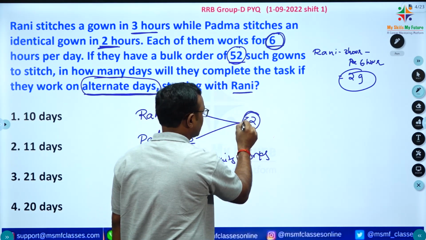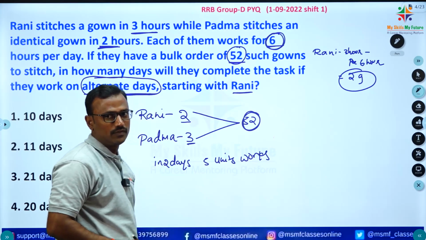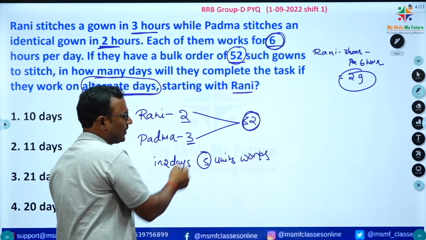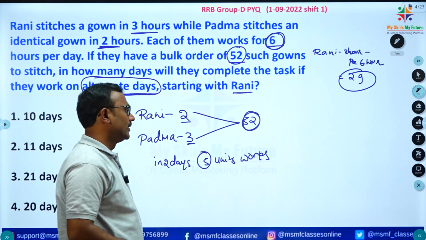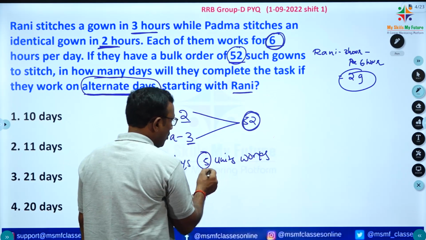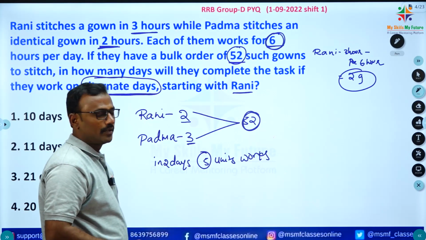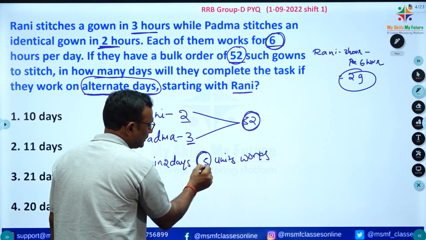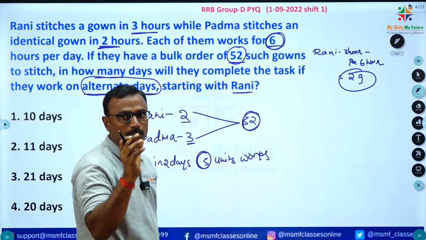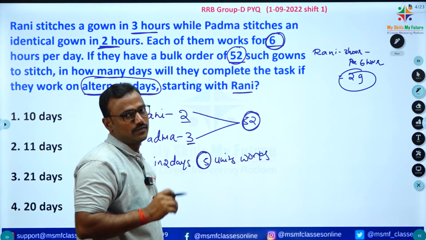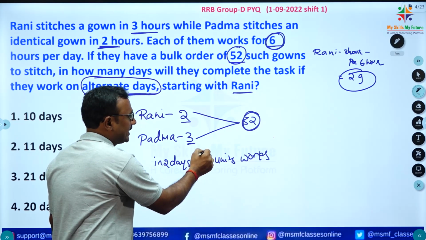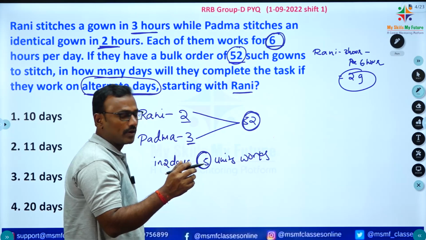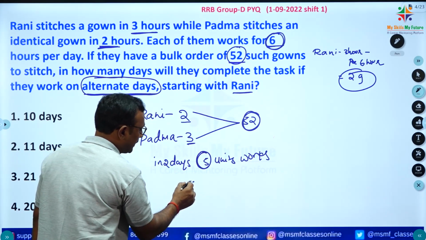We have a total of 52 units of work. In 2 days they will complete 5. So how many days does it require? See here, in 2 days they will complete 5 units of work. 5 tens are 50, and 2 tens are 20.